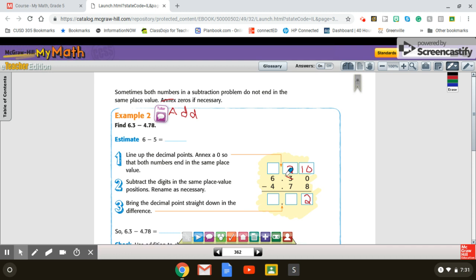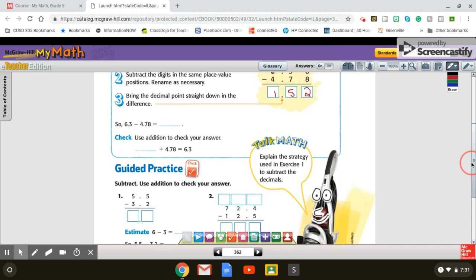Can't take 7 away from 2, so we borrow, making this a 5, which makes this 12. 12 minus 7 is 5. 5 minus 4 is 1. So your answer is 1 and 52 hundredths. Make sure you bring that decimal point straight down. If it's not in your answer, the answer is wrong.